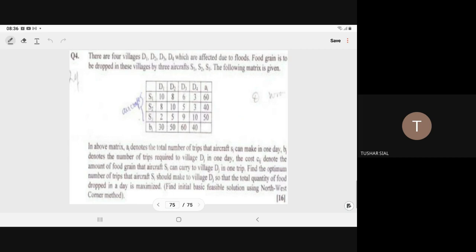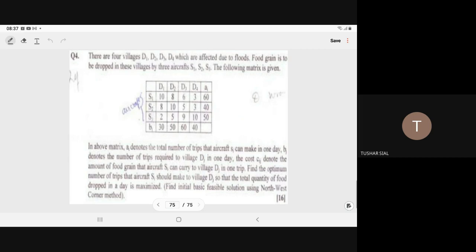In our matrix, Ai denotes the total number of trips that aircraft Si can make in one day, and Bj denotes the number of trips required to village Dj in one day.